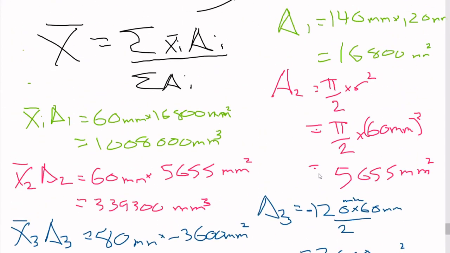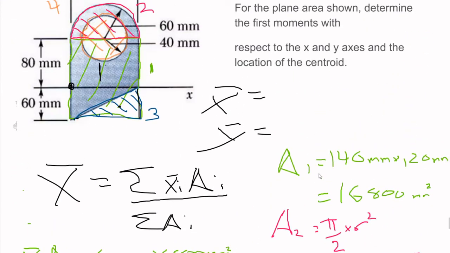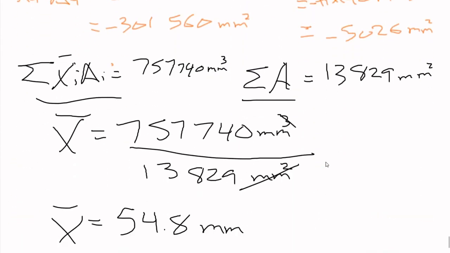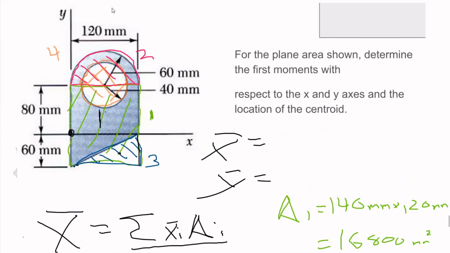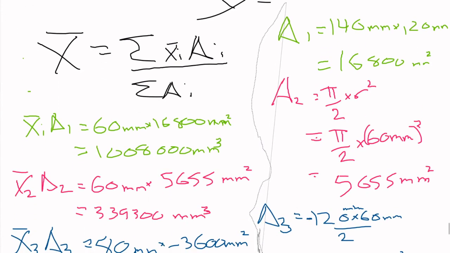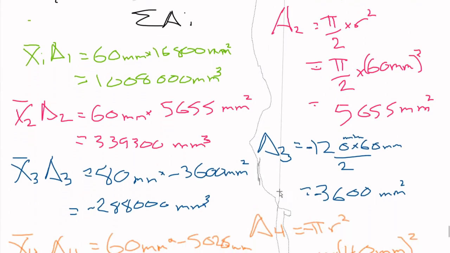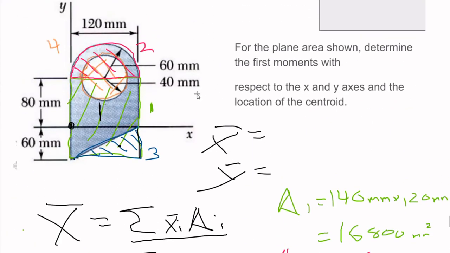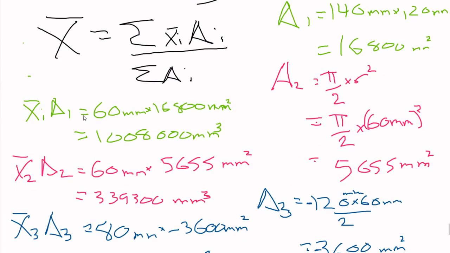The next thing we need to do is the same thing for y bar. We already have our areas, and the areas don't change at all, so we can reuse those values. I was going to copy and paste them, but that's a bit of a pain, so I'll just rewrite them out.